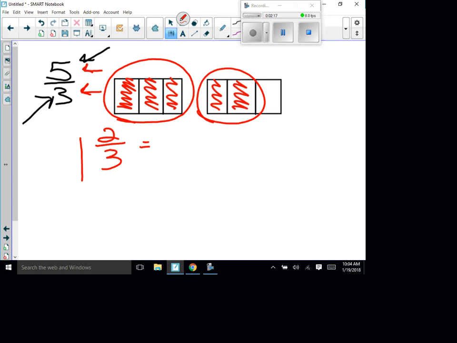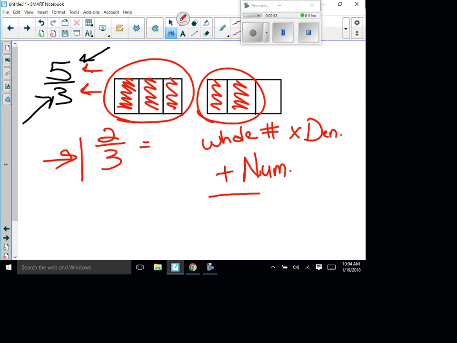What you need to do is take the whole number, 1, and multiply it by the denominator, and then add the numerator, and then put it back over the denominator.